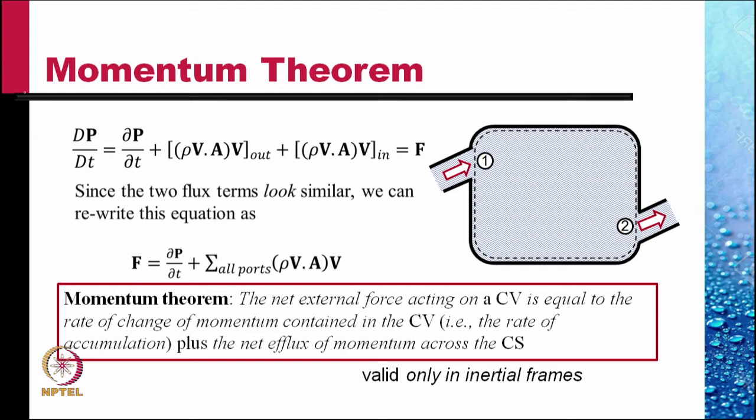This is valid only in inertial frames of reference because Newton's second law of motion is applicable only in inertial frames. What are inertial frames? Frames that are either stationary or are moving with constant velocities. That is, frames that are not accelerating. A rotating frame would definitely be accelerating.